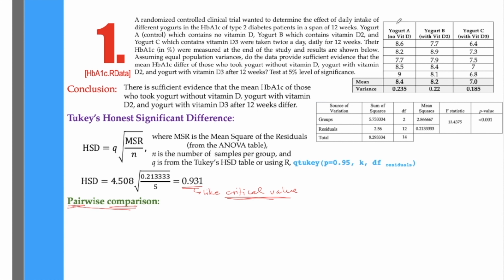So, meaning we're going to compare yogurt A with yogurt B, yogurt A with yogurt C, and eventually yogurt B with yogurt C. So we're going to compare the mean of yogurt A with the mean of yogurt B. Then we're going to compare the mean of yogurt A with yogurt C. And lastly, we're going to compare the mean of yogurt B and yogurt C.